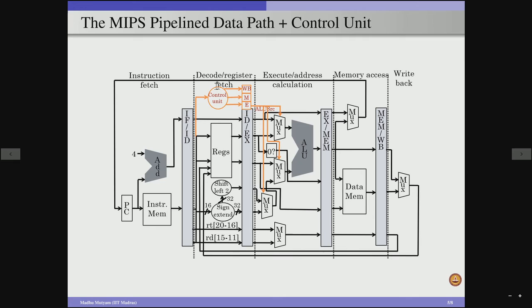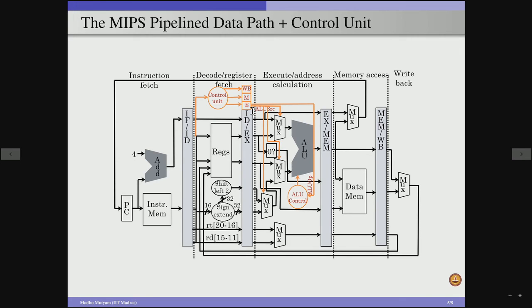So, in other words, this control unit is generating a set of ALU source signals, and these signals will be given as select inputs to all these muxes. Based on the instruction type, the ALU source signal will be selected, and accordingly the mux is going to transfer the correct data to the ALU in the execute stage.